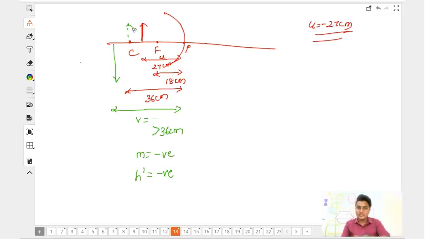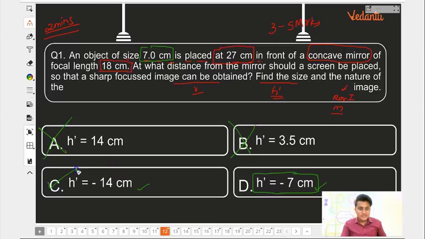But that's not the case here. Here the object is between C and F, and in the fourth ray diagram I get a magnified image. So my m value will be greater than 1, and h dash value must be greater than the height of the object. Hence 14 centimeter is the correct answer.